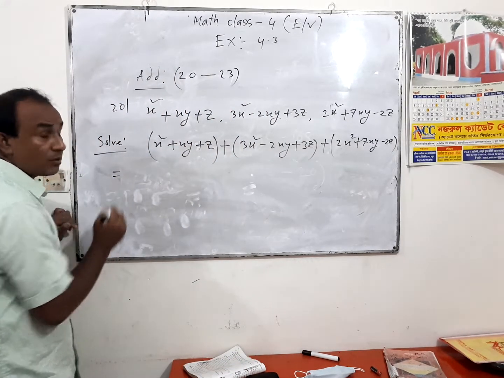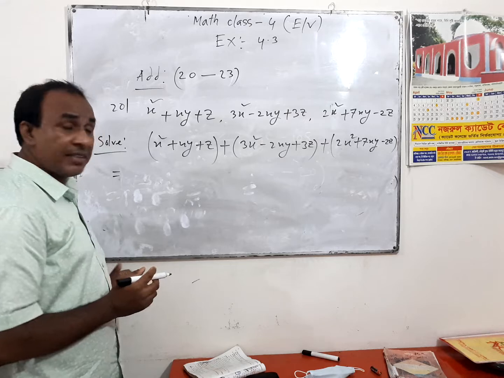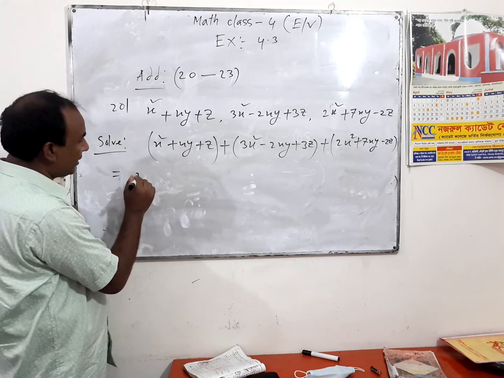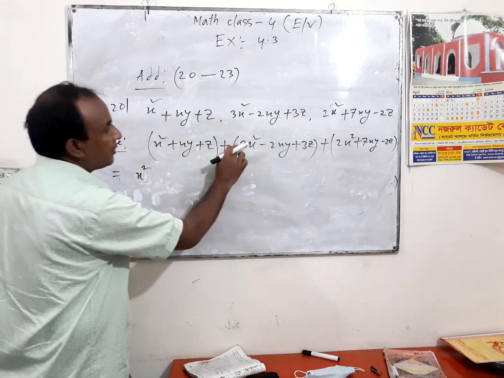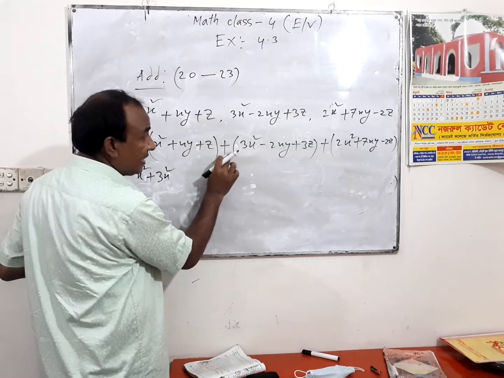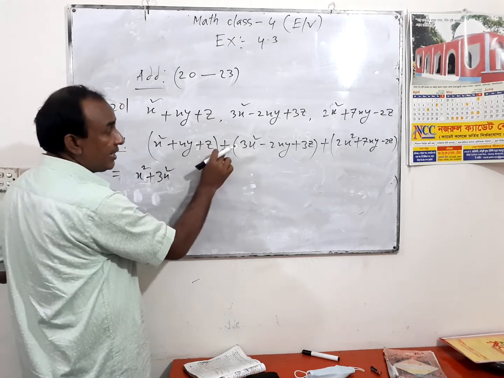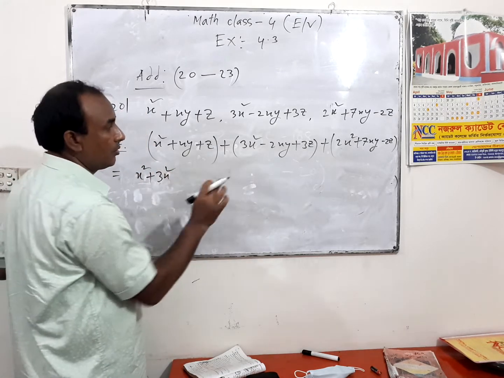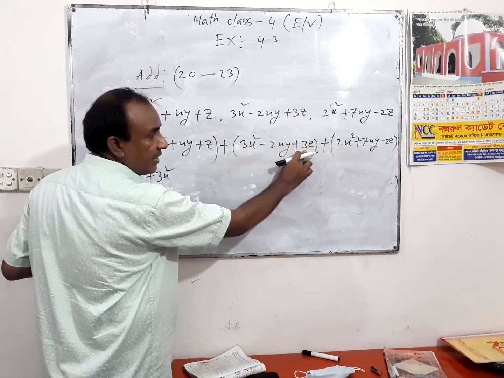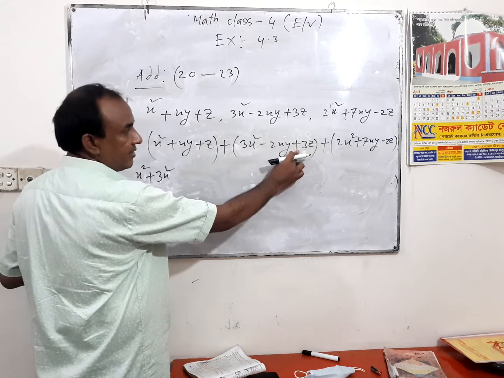Now we are going to arrange the similar terms with sign. x square plus. Some students are thinking I put the plus sign here. No, I put this plus sign here. Thrice z, sign is plus.